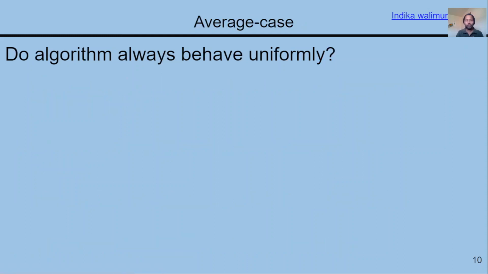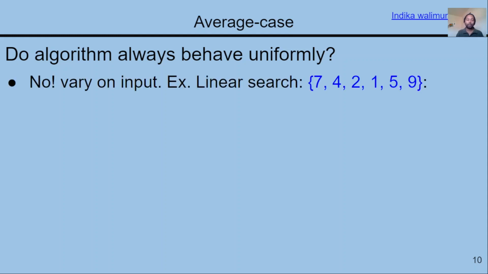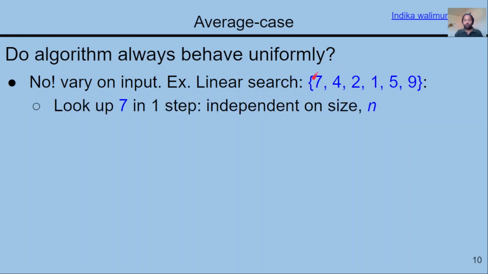All right. So the next question is, do algorithms behave uniformly? The answer is no. If you take, for example, linear search, looking up this 7, which is sitting as the first element, takes only one step, and that is independent of size n.